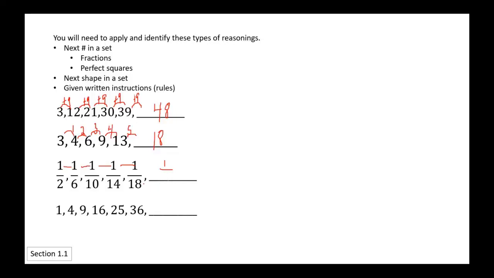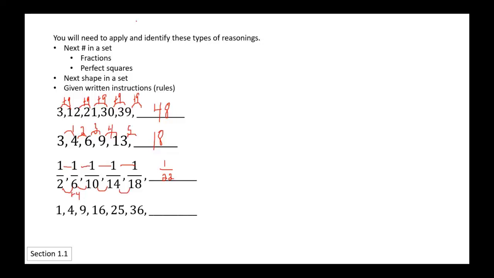Why would that suddenly change? Then looking at the denominators, 2 plus 4 is 6, plus 4 is 10. So it looks like we're adding 4 every time. If I add 4 to my denominator, I'll have a 22. So a lot of times when you've got fractions, you might want to just take them apart and look at just the numerator and then just the denominator.